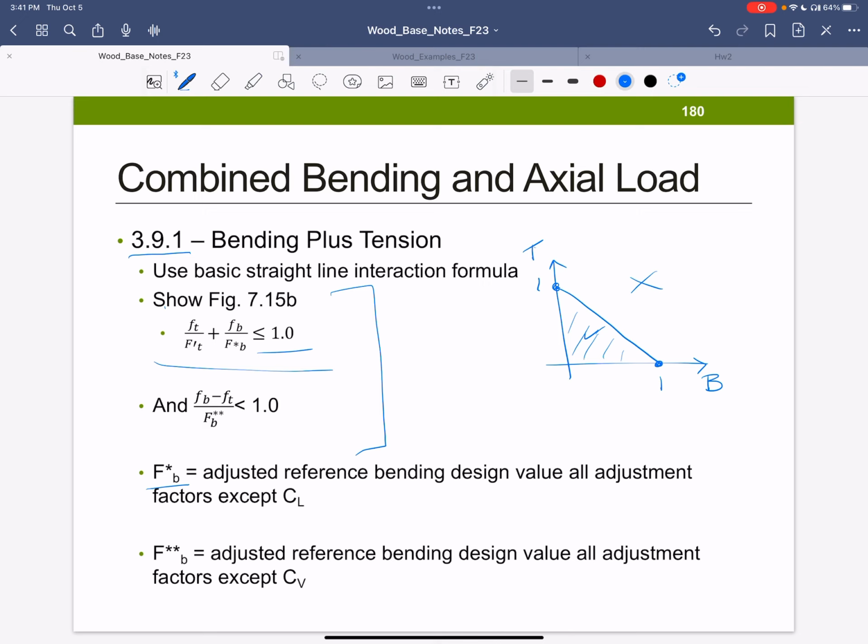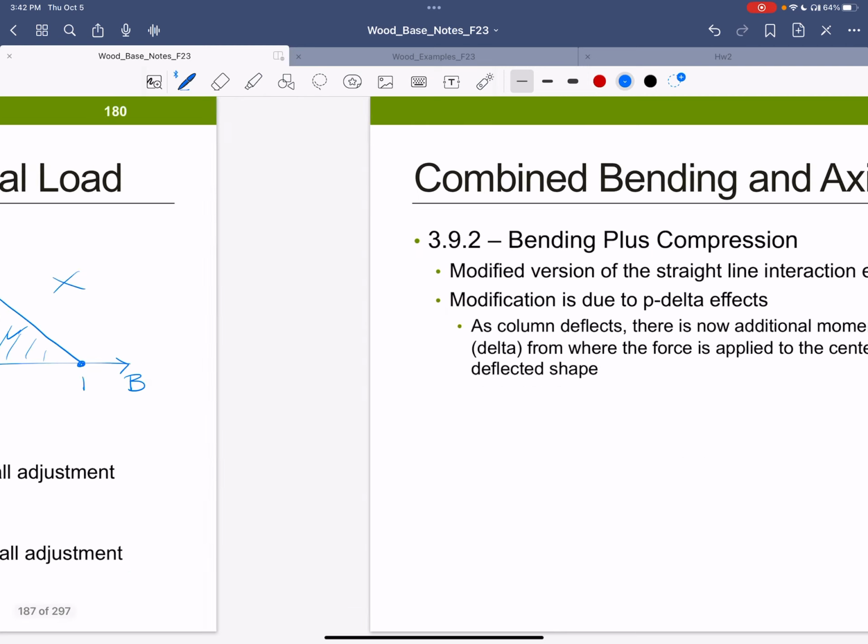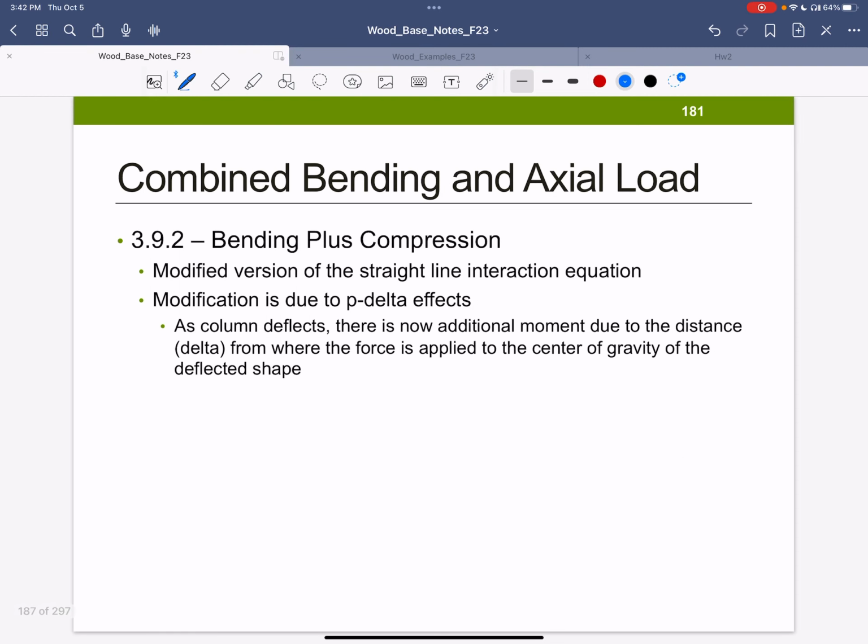All right, so F sub b star is the adjusted reference bending design value without C sub L included. F sub b star star is everything except for the C sub V term included.